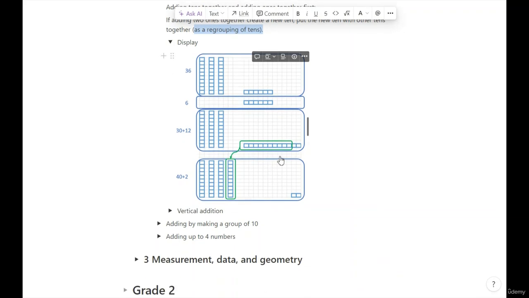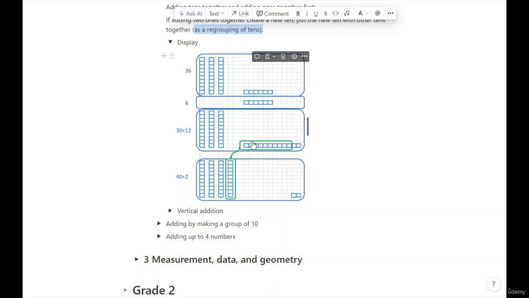So 12 here, 12 is a 10 plus 2. So this 10 is generated or created by adding the numbers at the two ones places from above here.